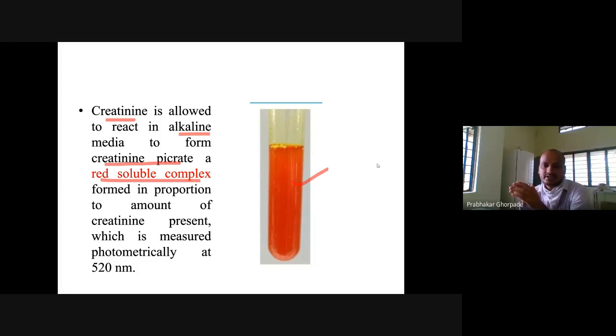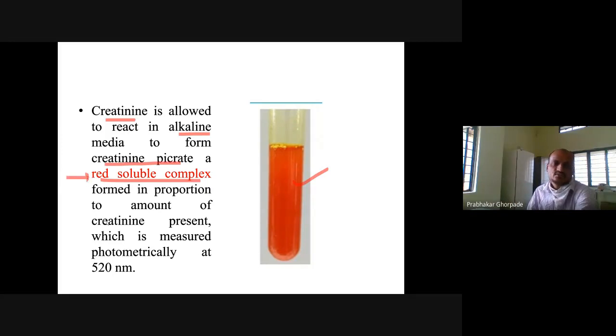which is measured photometrically at 520. Last time we discussed that whenever we are performing quantitative tests, we are interested in one particular color. For example, our intended color here is the red soluble complex color.